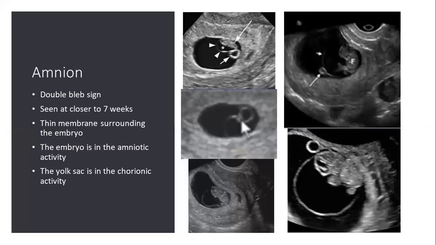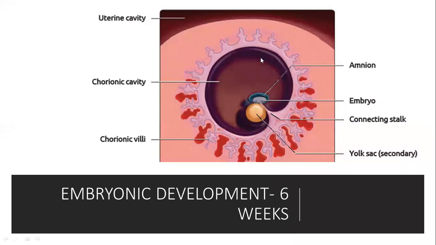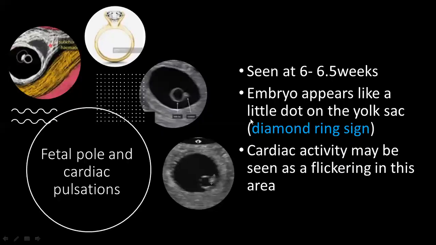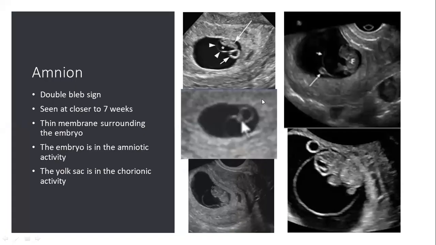Remember, let me go back to this picture. Remember, we said after we have our embryo, that's when our amnion begins to form. So this tells us that whenever we see an amnion, it means somewhere we're supposed to see the embryo, because the amnion develops from and after the embryo. We'll get to a point at approximately 7 weeks where we get what is called the double bleb sign, where we've got 2 echogenic rings.